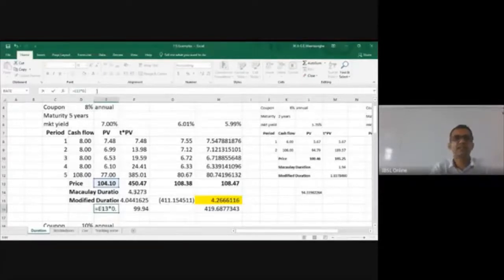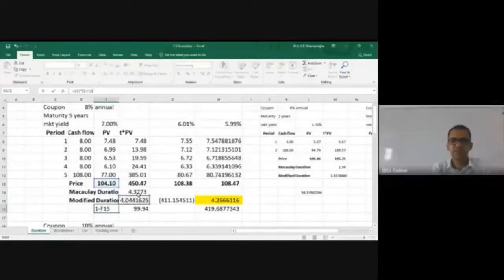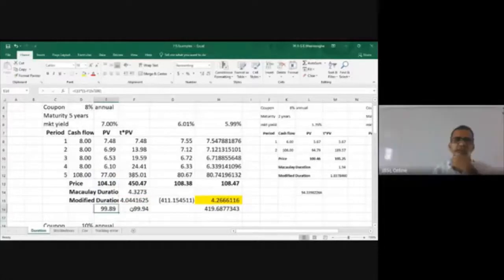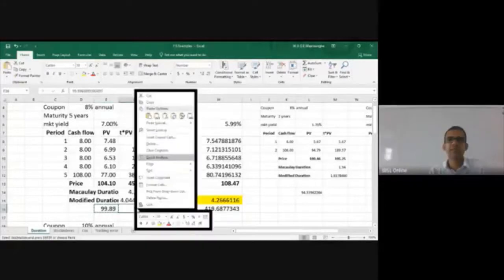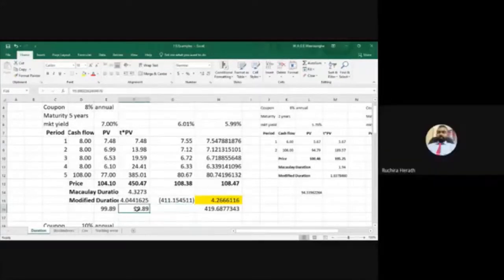To make it easy, I put 1 minus duration divided by 100 to make it decimal. Now is it clear? So you get 99.89. I'll copy this here, otherwise whenever I change the yield, this figure also changes. So this is the estimated price.